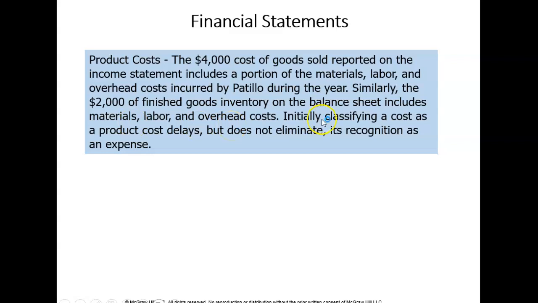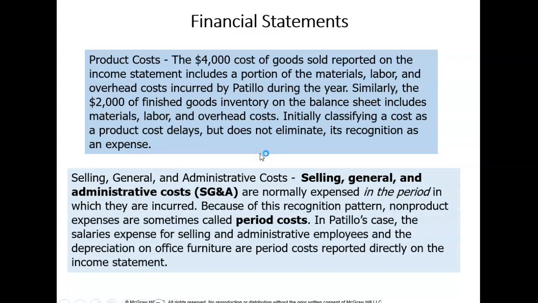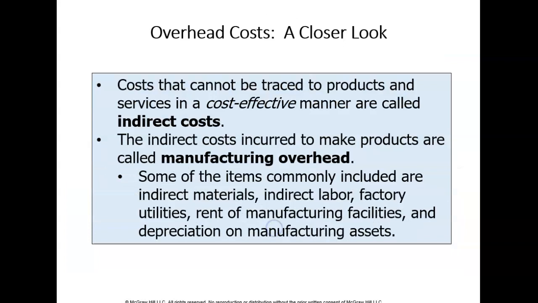So initially, your product cost is classified as an asset, but once it's sold, that cost becomes an expense. In contrast, any selling, general, and admin expenses, again, advertising, salary for your sales staff, insurance on your office building, those costs we call period costs, meaning that they're going to be expensed in the period in which they were incurred or took place.